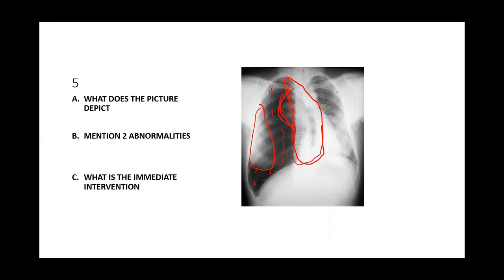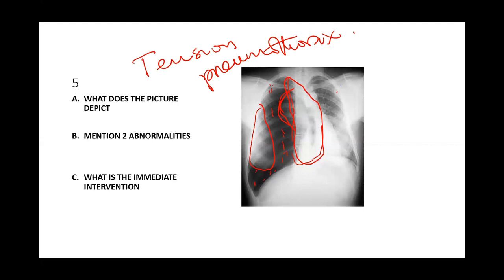So when you see a patient having chest X-ray with mediastinal shift to a contralateral side, and air collection in the affected side, that is usually a tension pneumothorax.